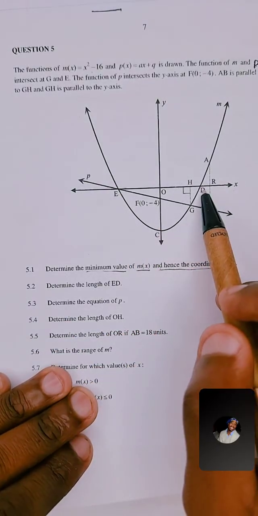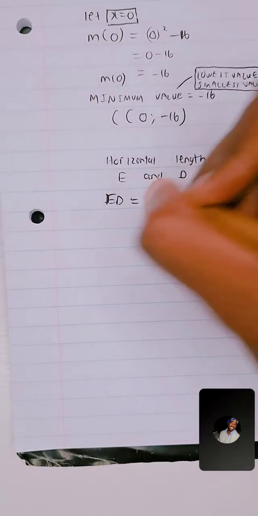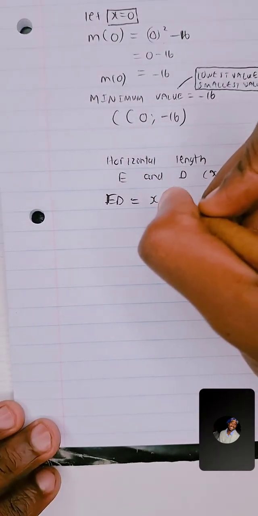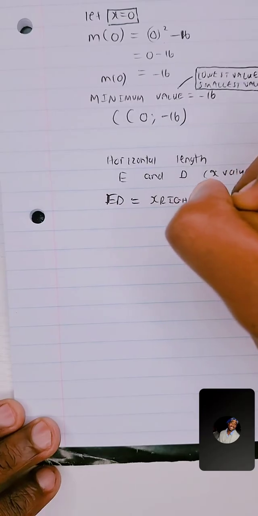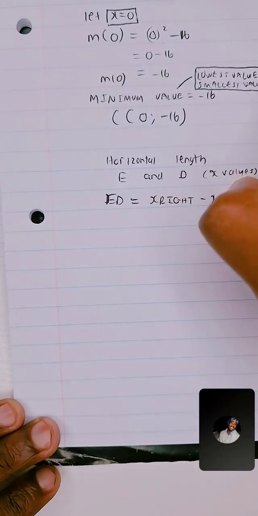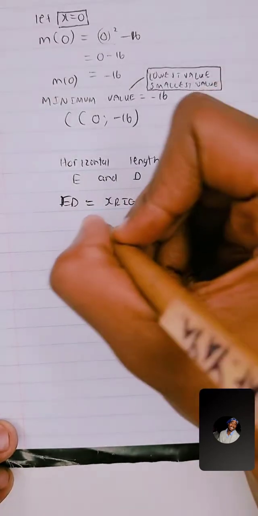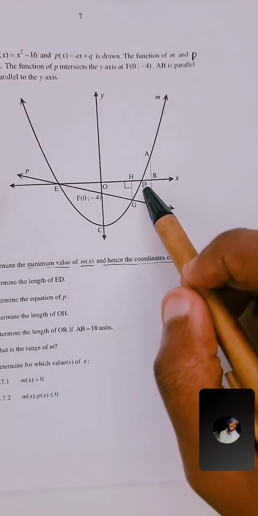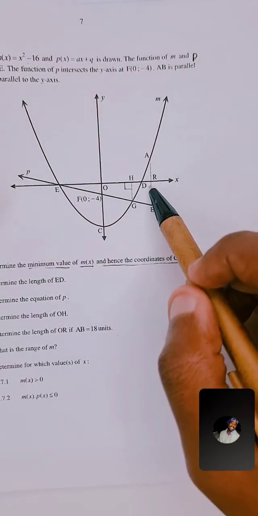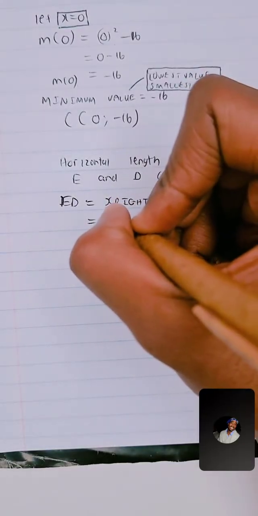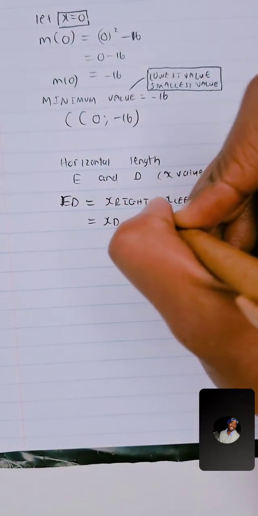On the right of this line, we have D. So when we want the length of ED, we say x right minus x at the left. Who's the x on the right? It is D. X on the left is E. So we say x D minus x E.